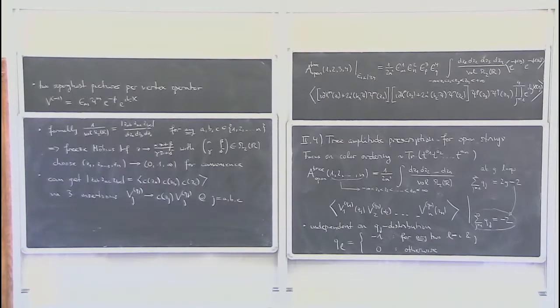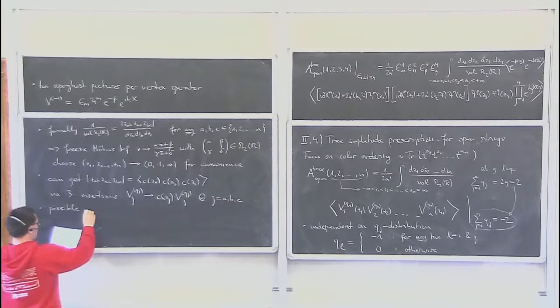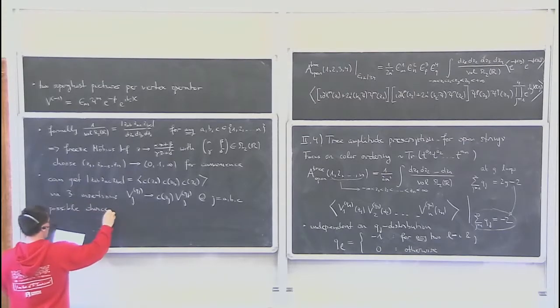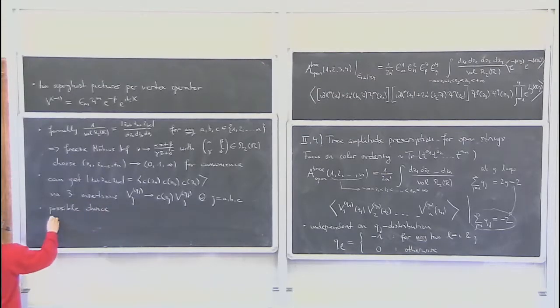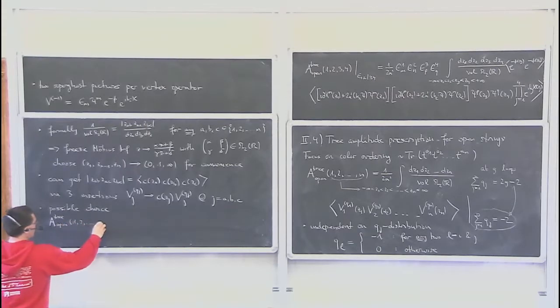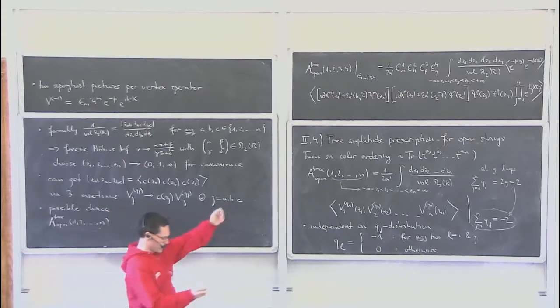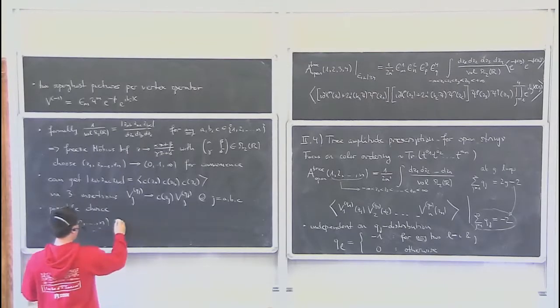Yeah, so this might make you feel a bit lost when there are so many choices around. Let me make sure that there's at least one consistent choice on the blackboard. That's also the one that I'll be using in the subsequent examples. A possible choice to deal with this cornucopia of freedom is that you can make this prescription collapse to the following.